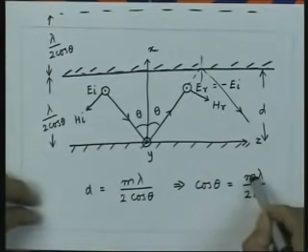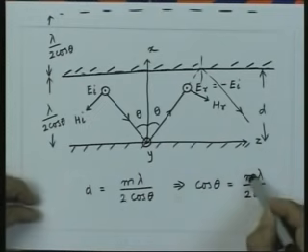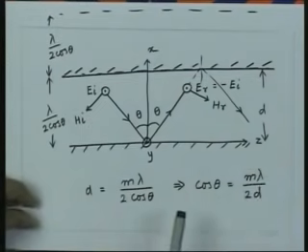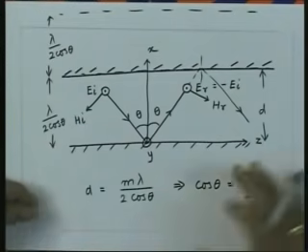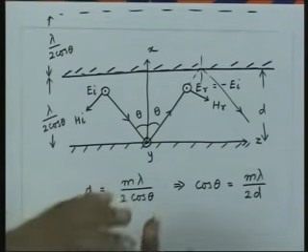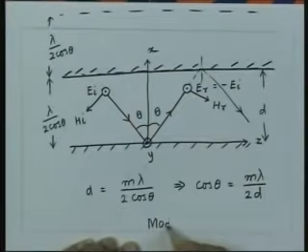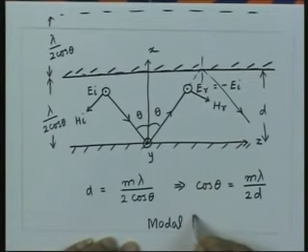So, if m equal to 0, I will get one pattern, if m is equal to 1, I will get another pattern, if m equal to 2, I will get another pattern, and so on. So, we have these discrete electric and magnetic field patterns which can survive inside this bound structure. That is what is called the modal propagation of electromagnetic wave.